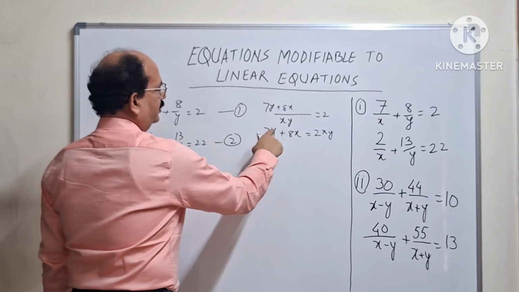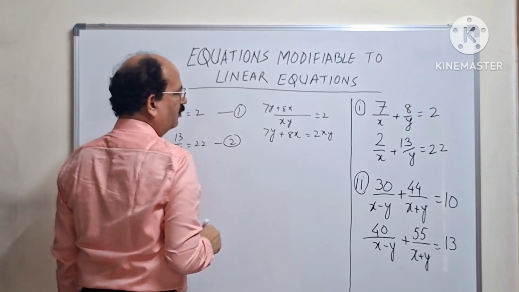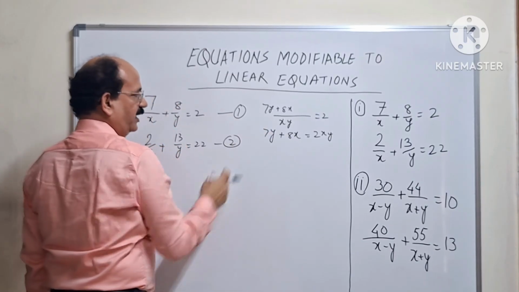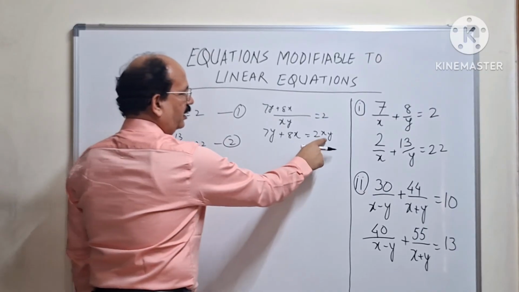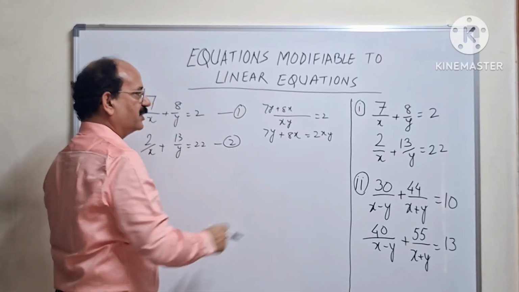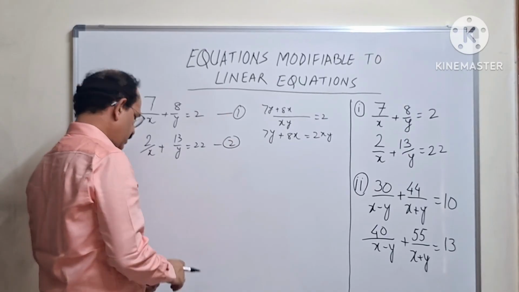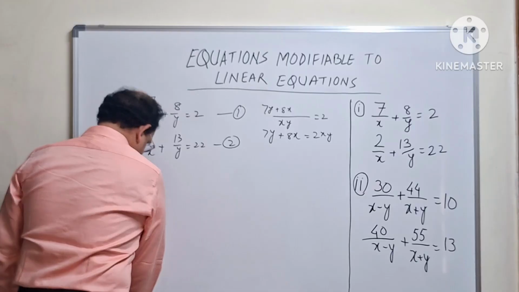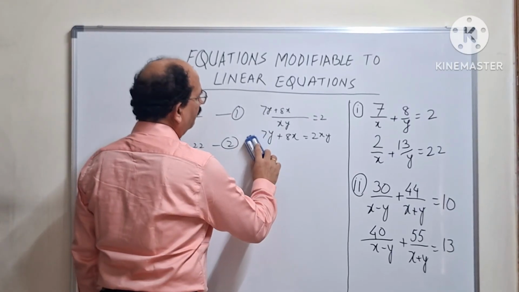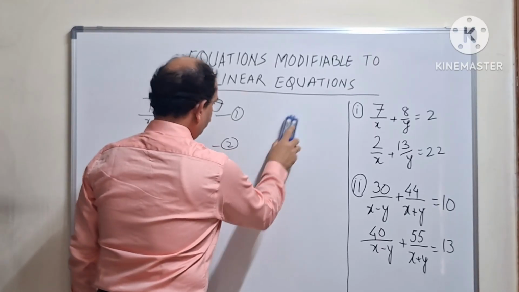You notice that the power of x has become 1, and the power of y also 1. But here, the x and y are in multiplication. So therefore, for this term, the power is 1 plus 1, 2, which is not a linear equation. So we'll not be able to solve this problem using this LCM approach.